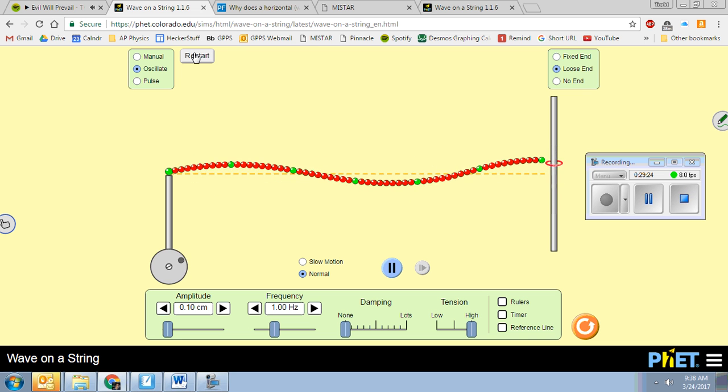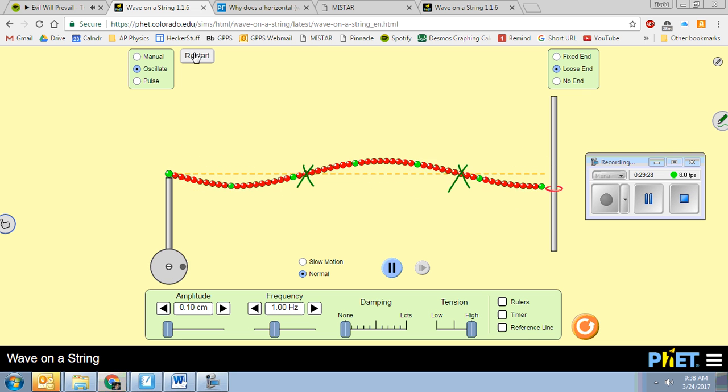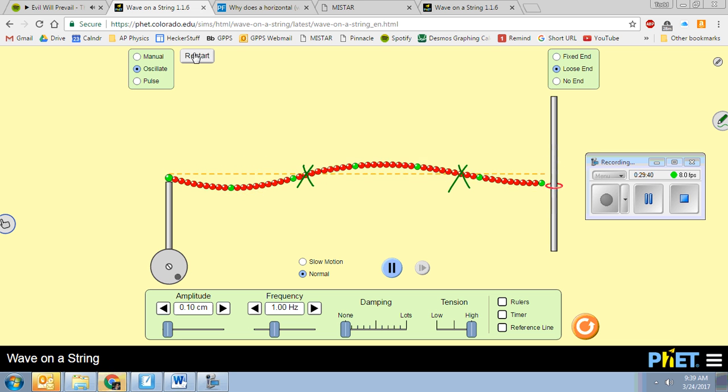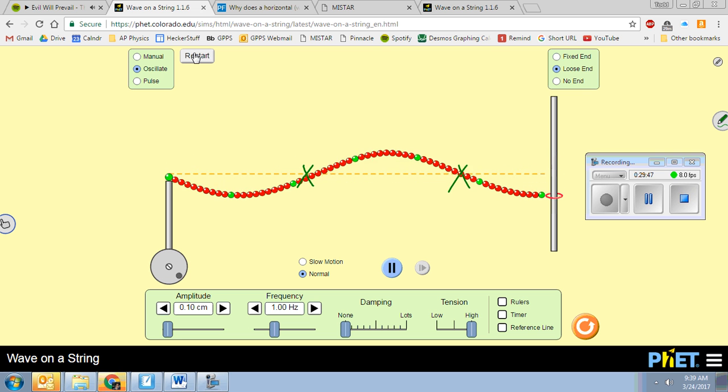I've got a node right here and a node right here, right? Does that make sense? So where those two X's are are my nodes. All right, so that gave me some sort of harmonic, but it's not the fundamental harmonic because I think I can go to a lower frequency and get this to work.